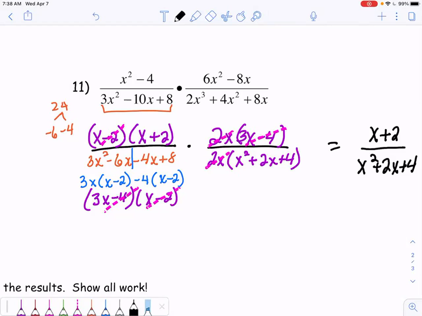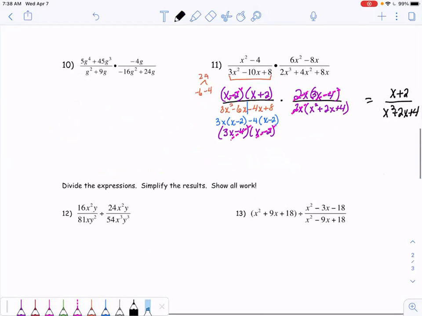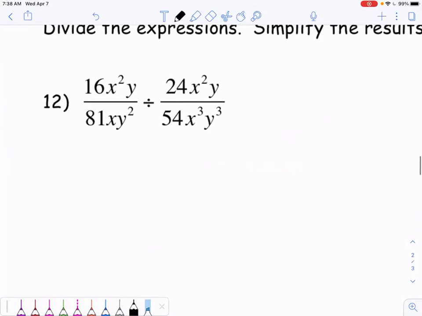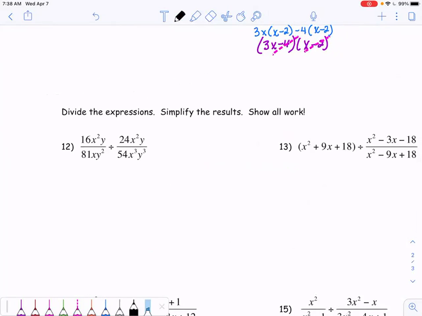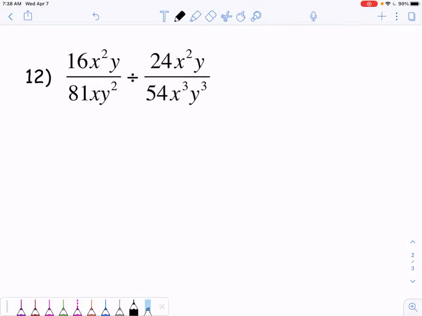All right, we're gonna look at one more, and that one is number 12. Number 12 has no addition or subtraction signs, so you don't have to factor number 12. Factoring only occurs when you have multiple terms, a binomial or a trinomial. Well, this one, we're just dividing. So, Gabby Soul, when you divide, what are you actually doing?